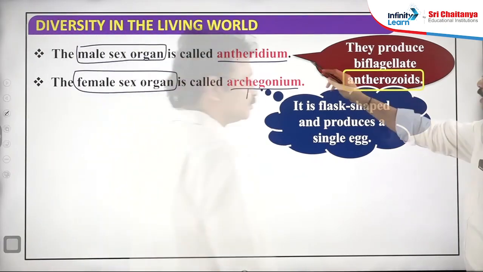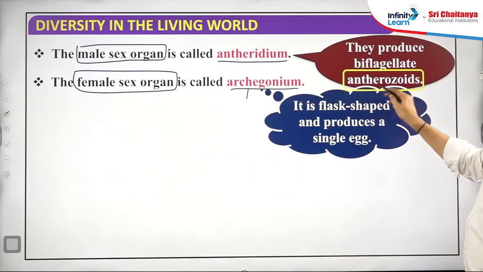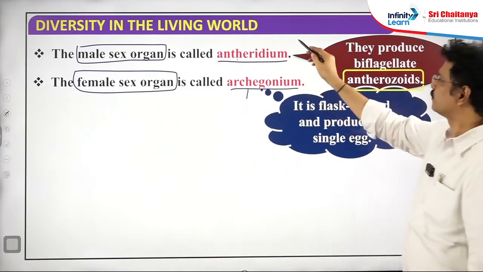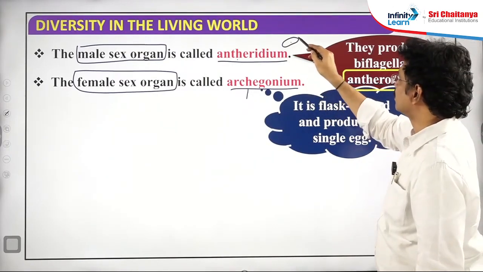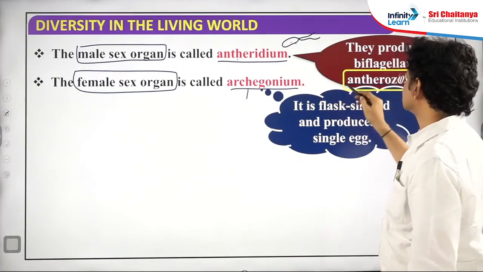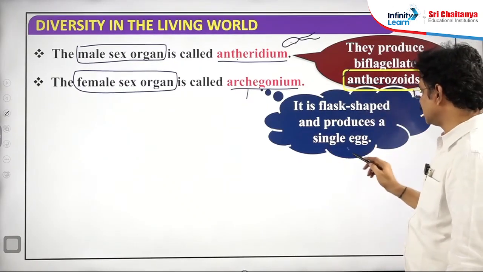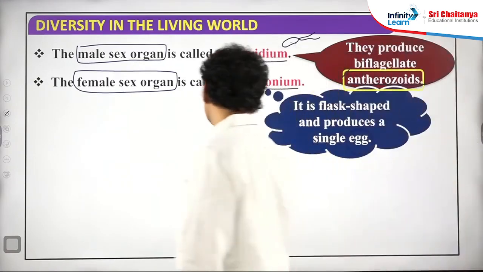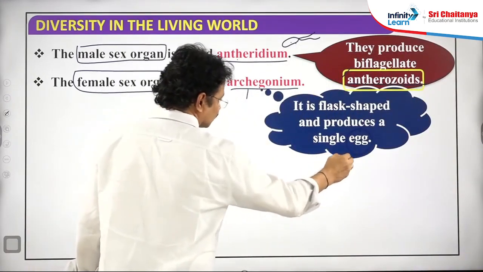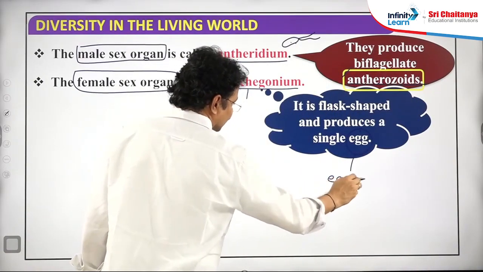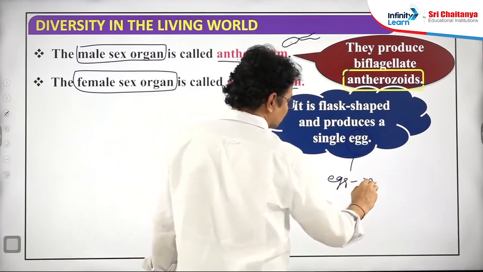The main function of the antheridium is production of antherozoids. An antherozoid is a sperm with flagella. But the archegonium produces a single egg, only one egg, which is non-motile.